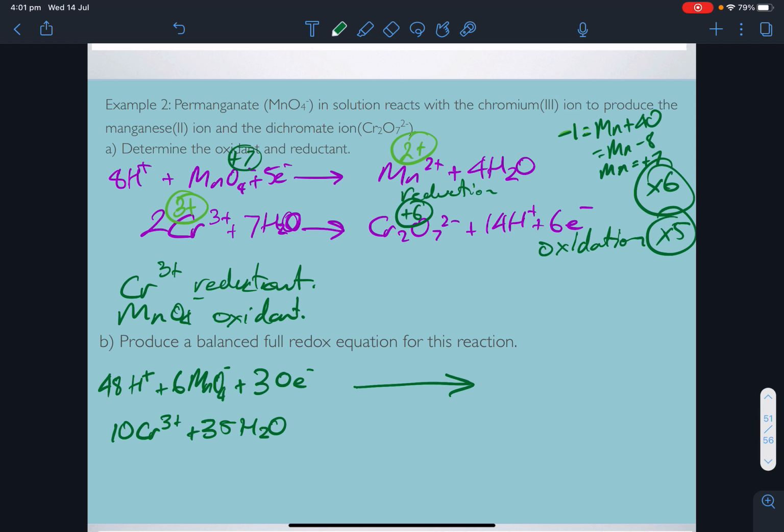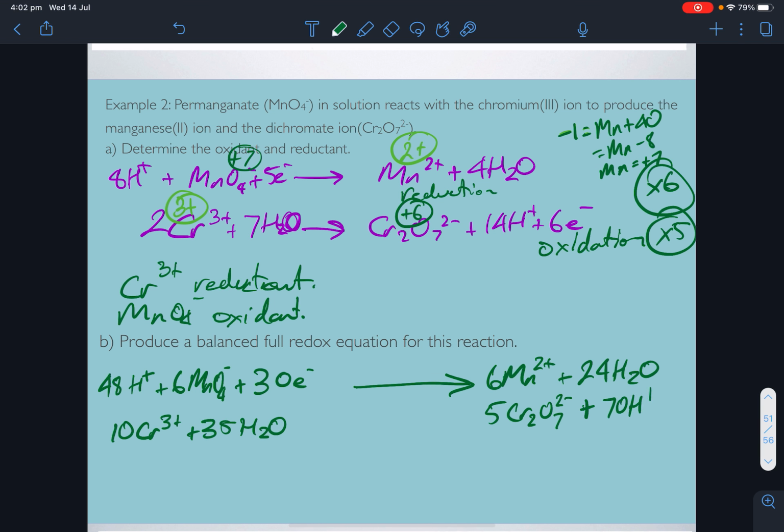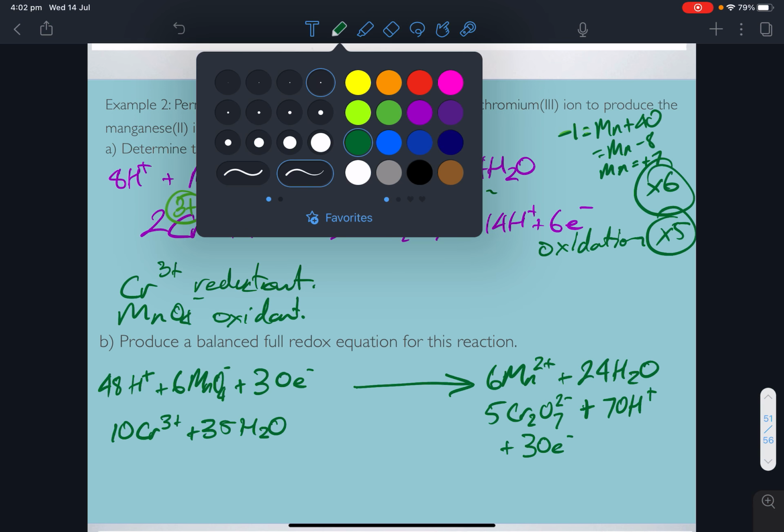On to the right-hand side, we need 6 Mn2 plus, and 6 fours are 24, so 24 waters, and we've got 5 dichromates, and 5 times 14 is 70, isn't it? 70H plus, and the 30 electrons. Horrible big numbers here.